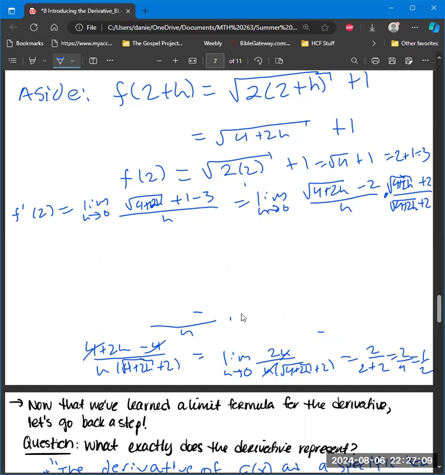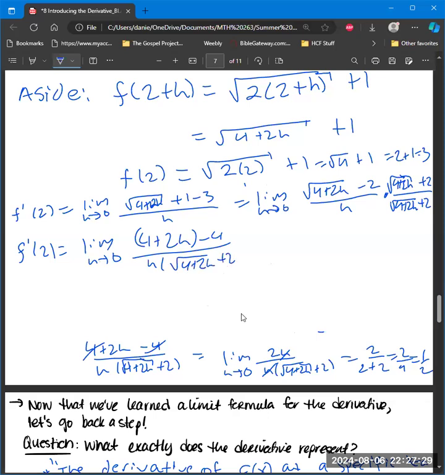And this is all part A. It's going to give me f prime of 2, limit as h goes to 0, 4 plus 2h minus 4 over h times root 4 plus 2h plus 2, which is the limit as h goes to 0 of 2h over h times root 4 plus 2h plus 2.